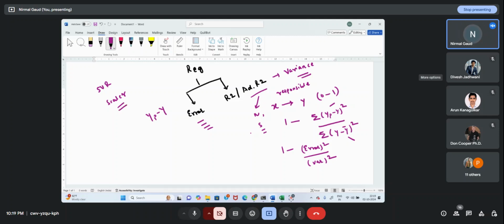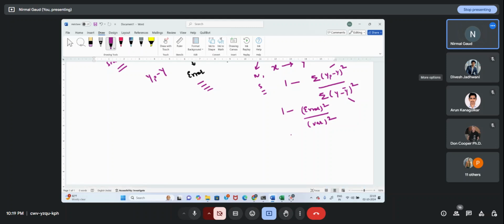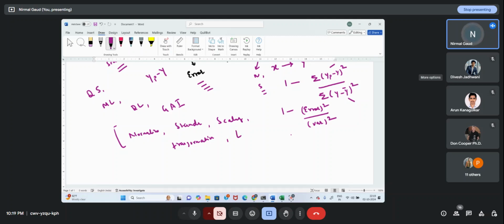Let me tell you very frankly, being a data scientist, machine learning person, deep learning person, generative AI person, normalization, standardization or scaling, transformation, linear algebra, which comprises matrices and vectors, these topics are very, very important because they are applied in every scenario of data science, machine learning, deep learning, and generative AI.